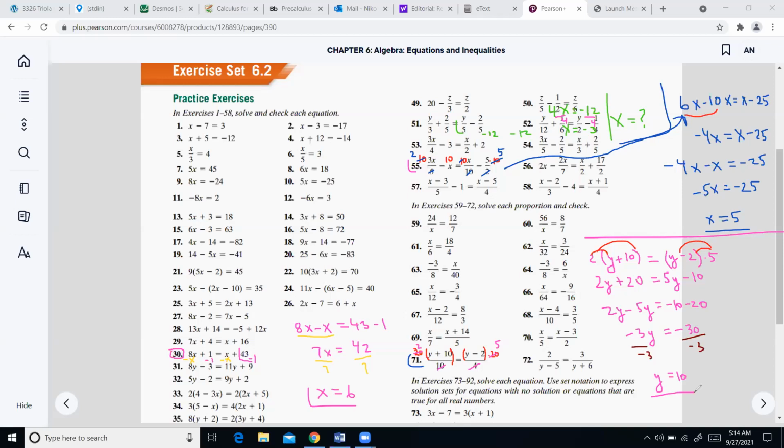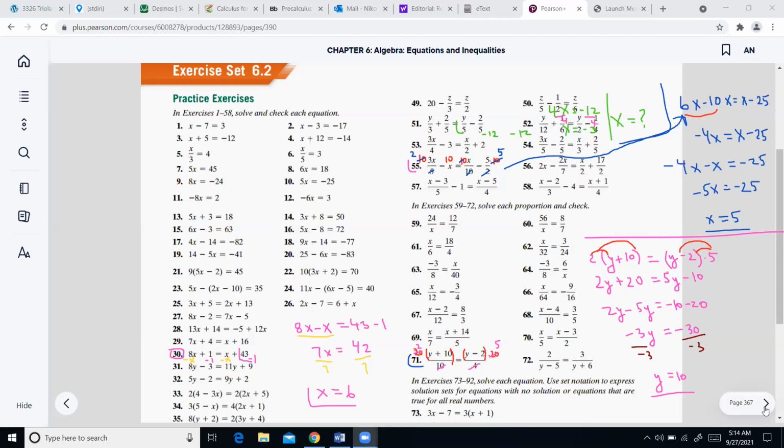So it looks like equations with denominators have their own specific way to be done. And I was asking you to do problems on this page to solve some of these equations. And that's what we're going to continue throughout the rest of this chapter 6.